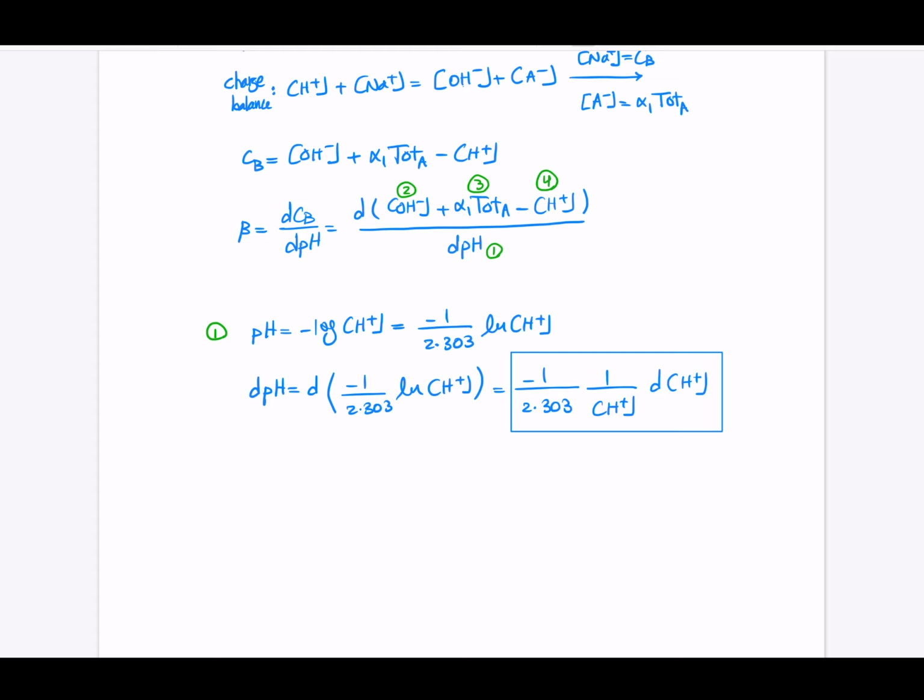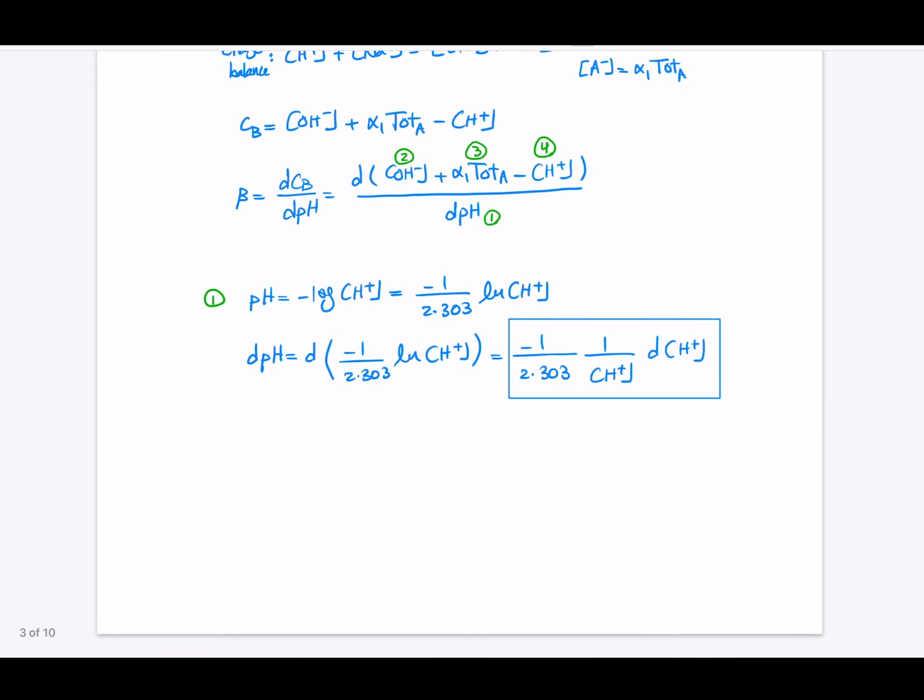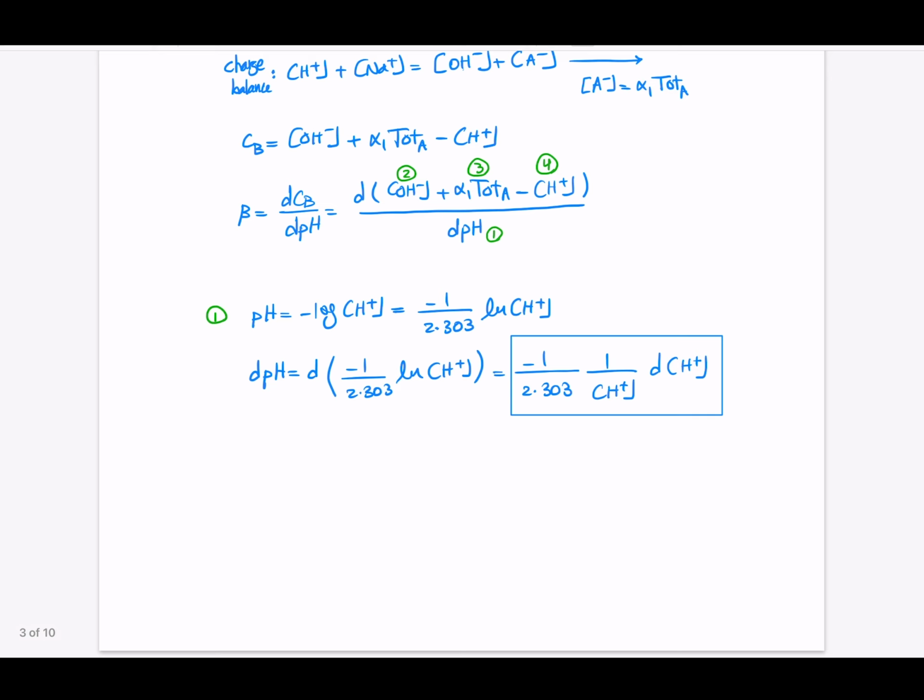So now we can work on the second part. The second part would be basically dOH minus over dPH. When I say the second part, it doesn't mean this part, it means this part. And obviously the third part would be this part, and then the fourth part would be this part.